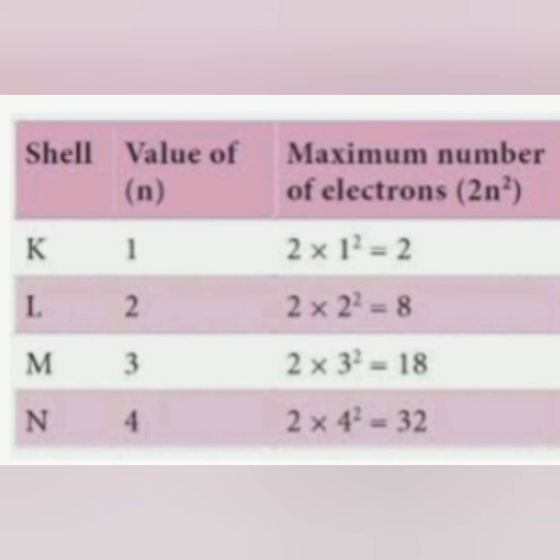If the electrons are present in the second cell, then the number of electrons is 2 into 2 squared, equal to 8. Okay, and so on. Hence, the first cell contains 2 electrons, the second cell contains 8 electrons, and the third cell contains 18 electrons maximum.